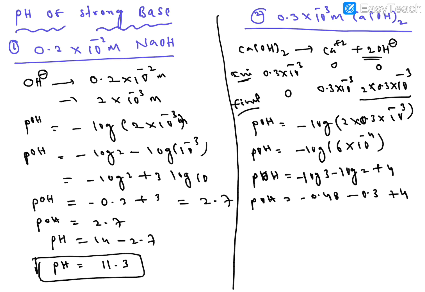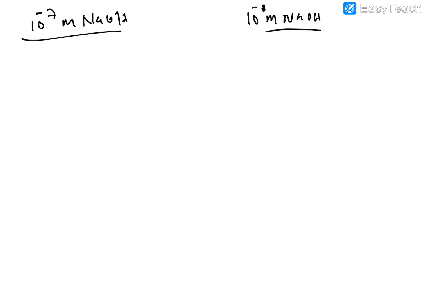So what will we get here? The pOH is equal to 3.22. So we know that pH is equal to 14 minus 3.22. The pH is equal to, we will get, 10.78. So this is strong base calculations.